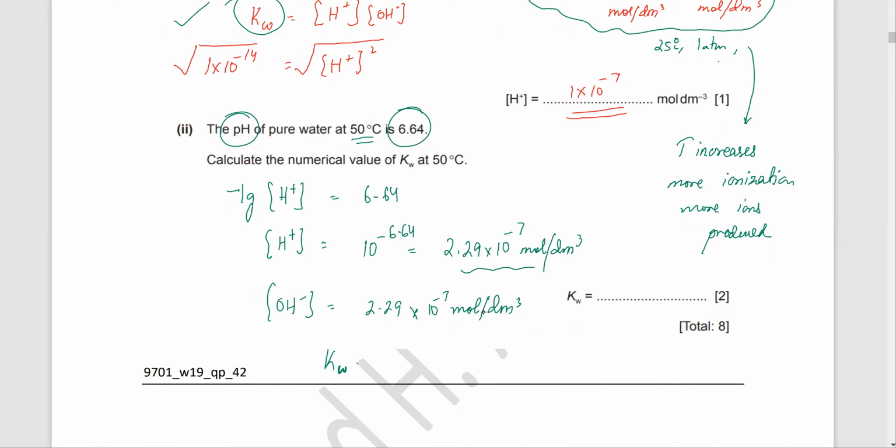Kw is the H plus concentration multiplied by the OH ion concentration. So it's 2.29 times 10 power minus 7, and you need to square that. What are we getting?